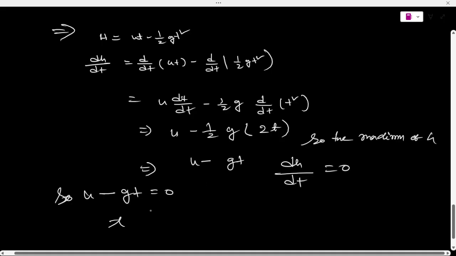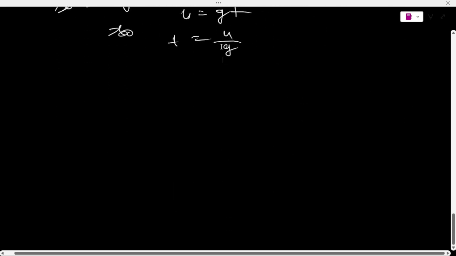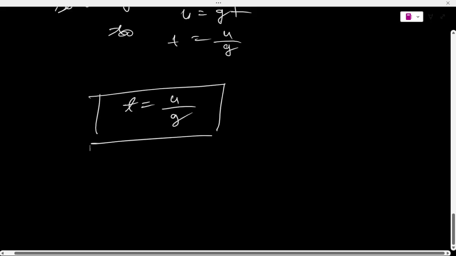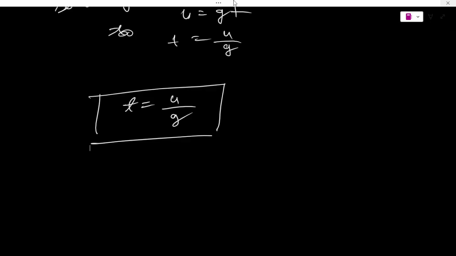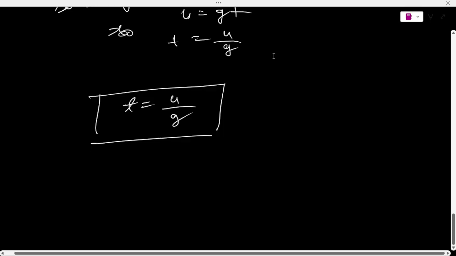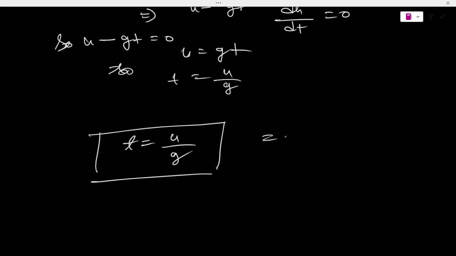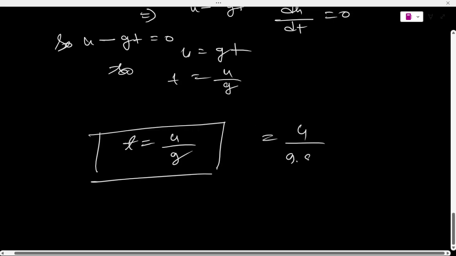So here you can find that u is equal to gt and t is equal to u by g. So the time will be t is equal to u by g, where u is given nothing, so g is equal to 9.8. So it will be u divided by 9.8 meter per second. This is the ultimate answer.